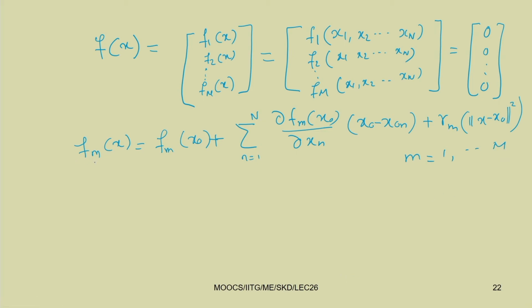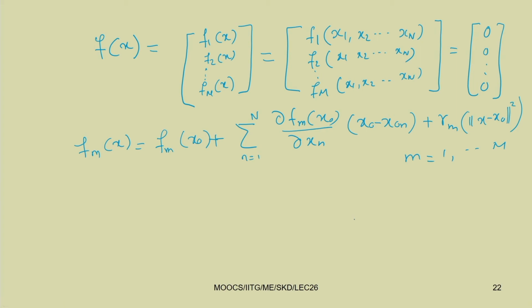So, for the first equation, for example f1 x, we can write f1 x equal to f1 x 0 plus the summation, n equal to 1 to n, of del f1 x 0 by del x n, where we vary this n from 1 to n. That way we can write this equation.